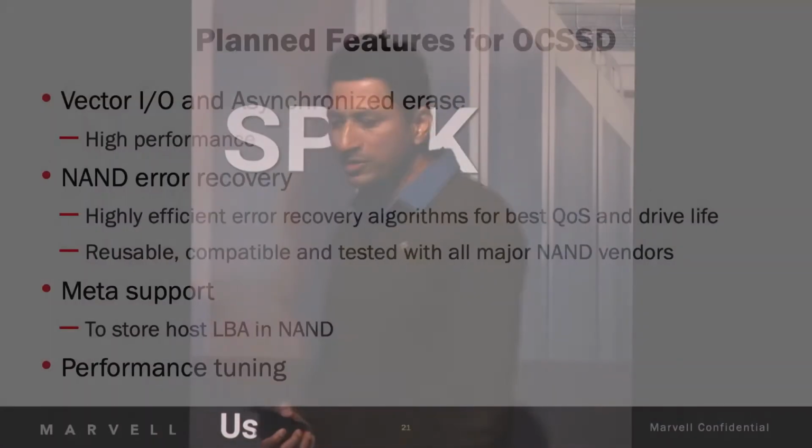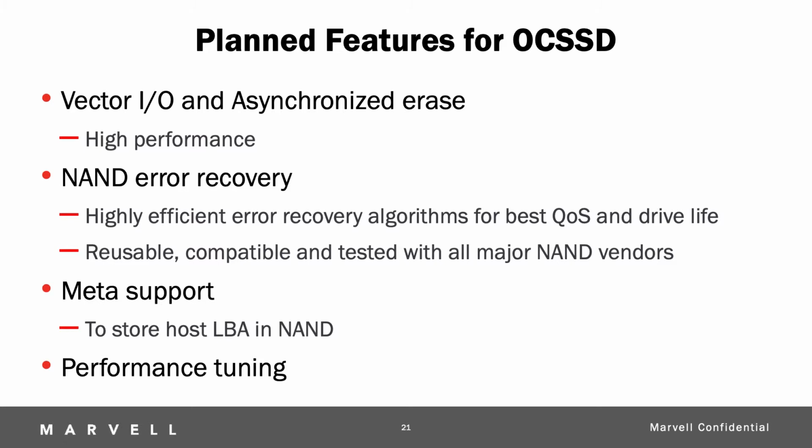For the future, if you have seen the OC spec, it's a very simple spec. It has maybe 10 or 15 commands in all, single commands and vector commands. Vector commands mean you give the drive a bunch of reads, maybe 100 or 100K, a list of reads, so it can perform all the commands together and post the response.